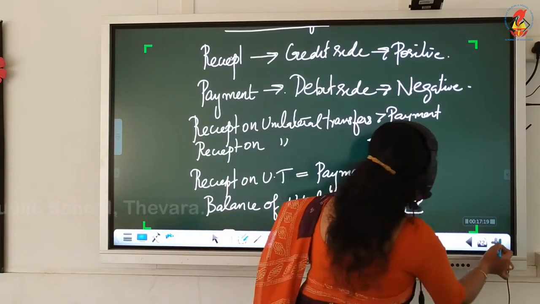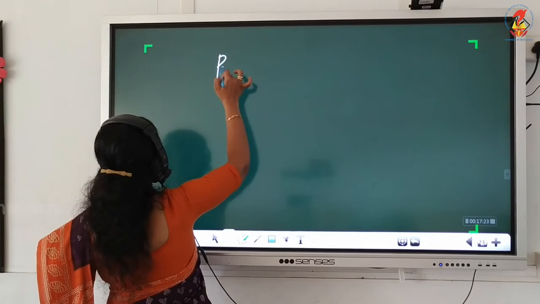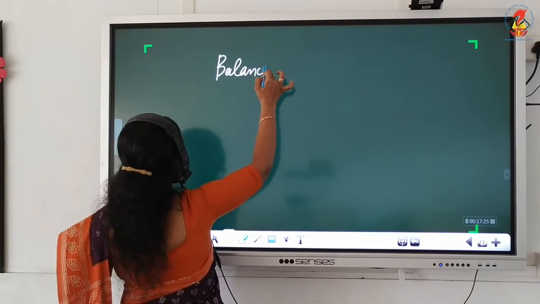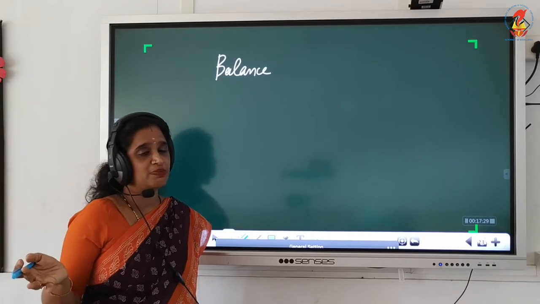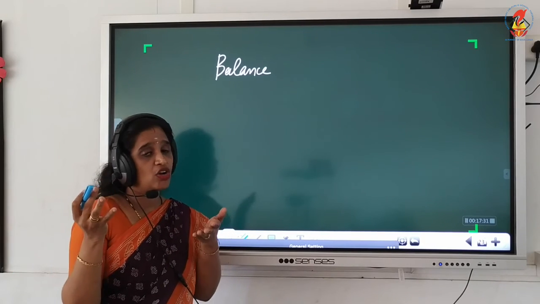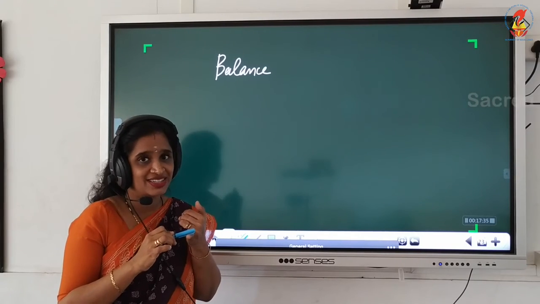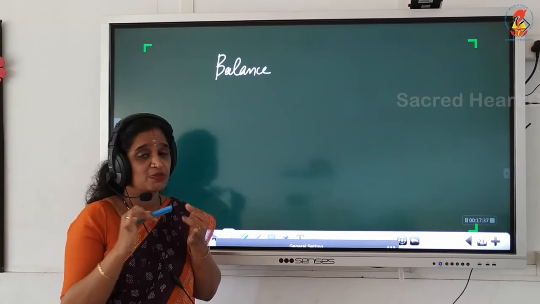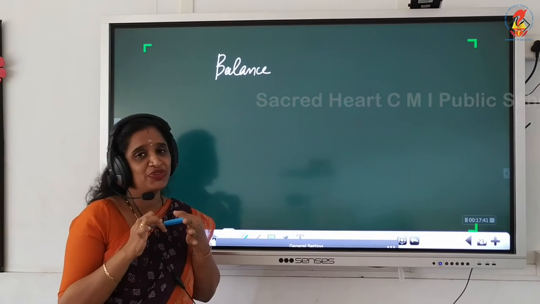Now we will move on to the balance on current account. When all the three components of current account are balanced, which is the first component? Visible items, balance of trade. Next is invisible items, balance of invisible trade. Next is unilateral transfers, balance of unilateral transfer.